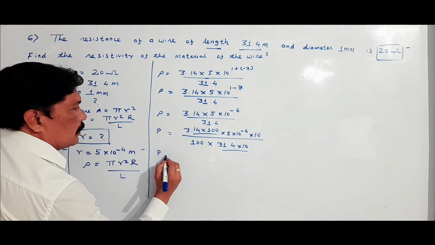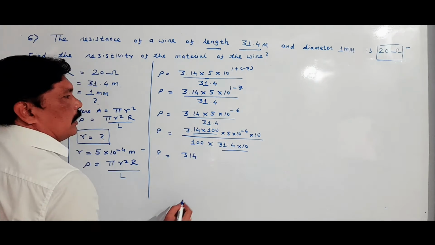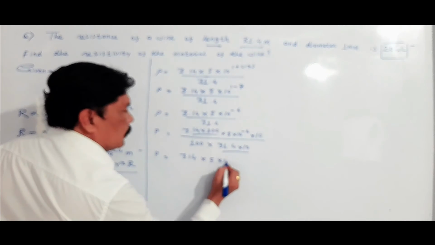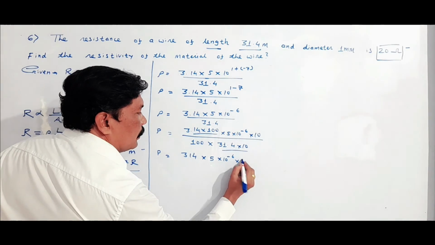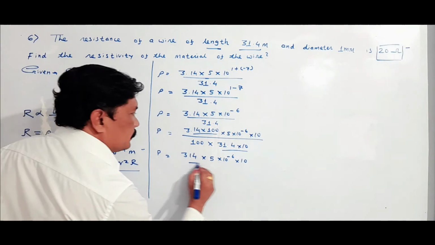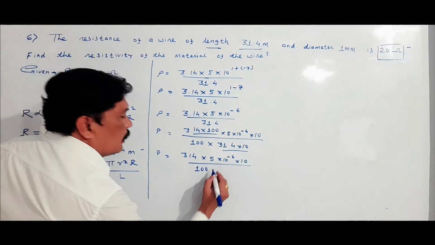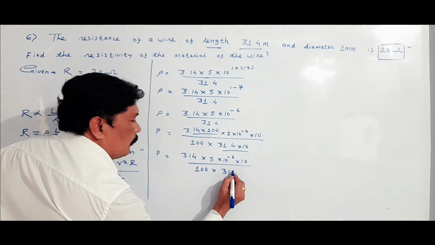Resistivity of a material is equal to 314 into 5 into 10 to the power minus 6 into 10 upon 100 into 314.